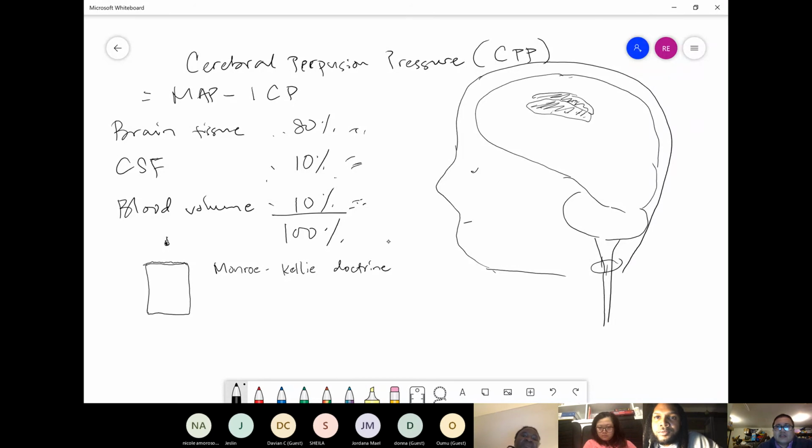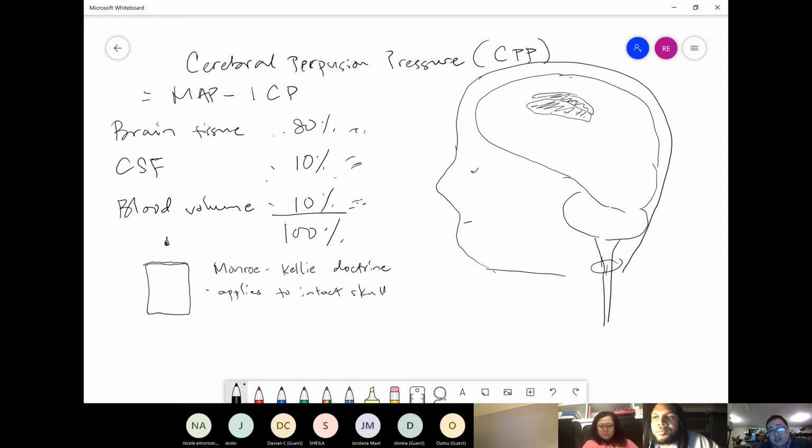Now, in a structure of a brain, of our skull, by the way, this only applies to an intact skull. Meaning what we're talking about here does not apply if the patient has an open head injury.